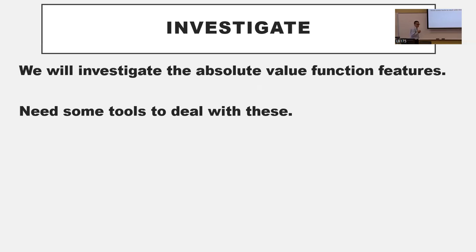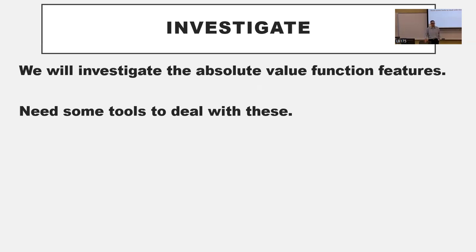Now, this is the first function that we're going to start investigating. And in later sections and later chapters, we're going to investigate other types of functions in more detail. Chapter 2 is all about linear functions, and chapter 3 is all about polynomial functions.